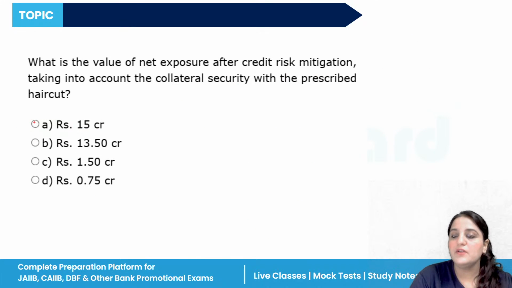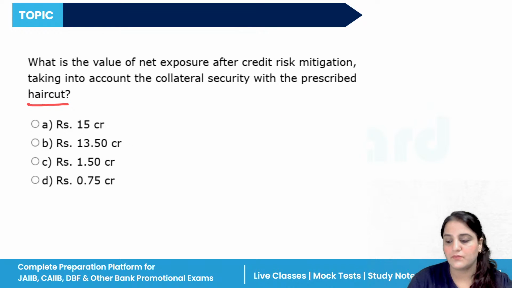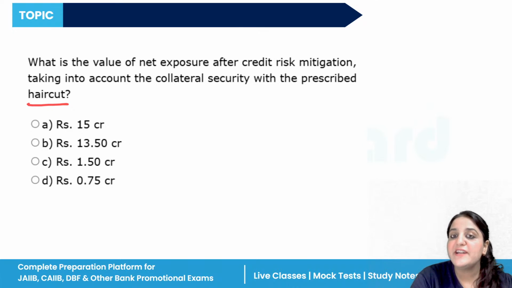So what is the value of net exposure after credit risk mitigation, taking into account the collateral security with the prescribed haircut? Here we have to find the value of net exposure after credit risk mitigation, which is taking into account the collateral security with the prescribed haircut.